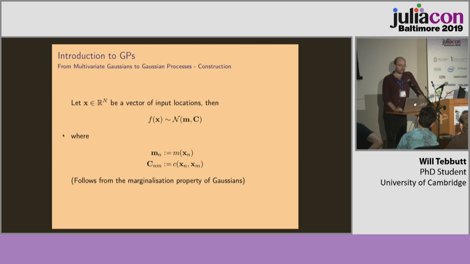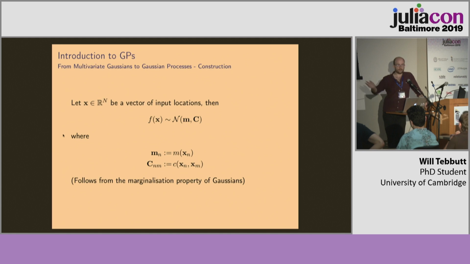So there's the thing that makes Gaussian processes work. Obviously, at this point, we've got this infinite dimensional Gaussian thing called a Gaussian process, and you can't deal with that on a computer. So the thing that makes them work is the marginalization property of Gaussians, which just says that if I'm only interested in a subset of Gaussian random variables, I can just ignore all the other ones.